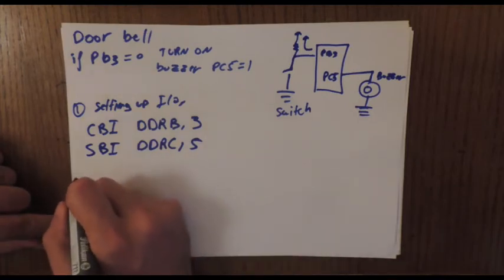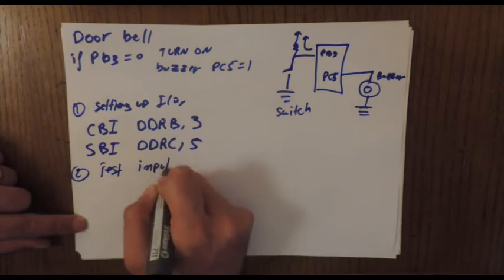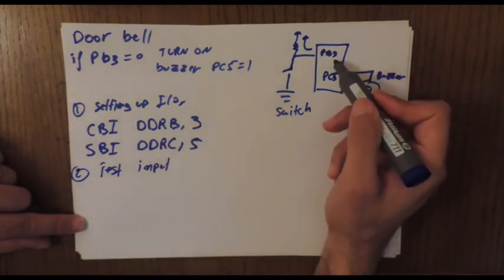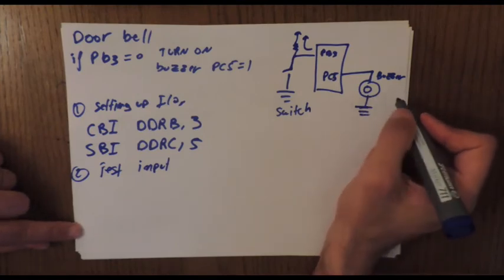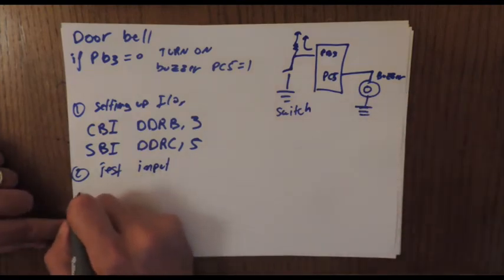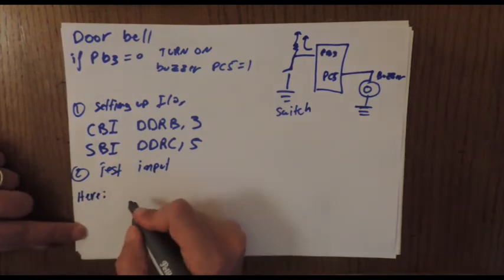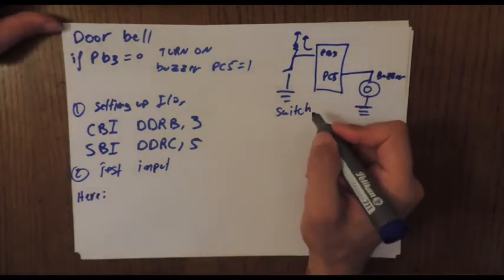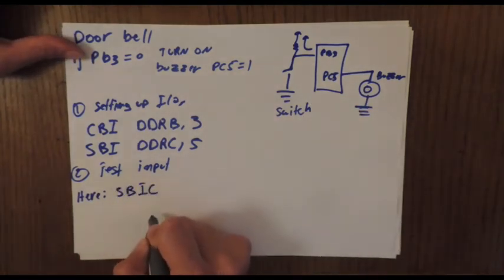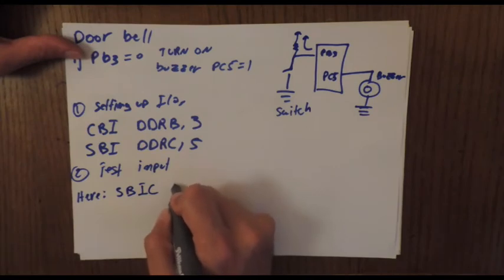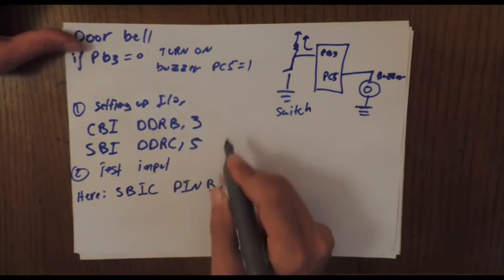Now what I want to do is test input. I want to see if PB3 goes to 0, then I'm gonna turn on the buzzer. So what I do is I'm gonna do a loop that does not get out unless this goes to 0. So I'm gonna do skip if clear for pin B, comma 3.